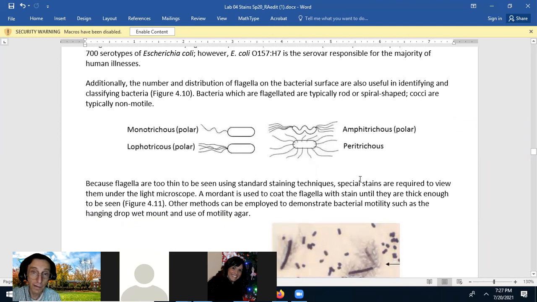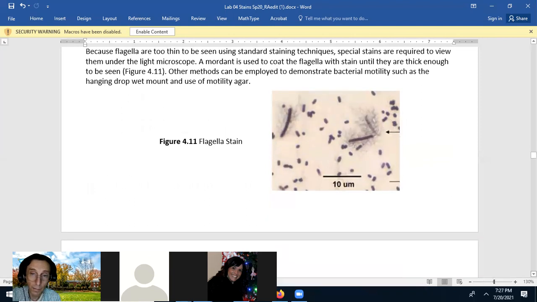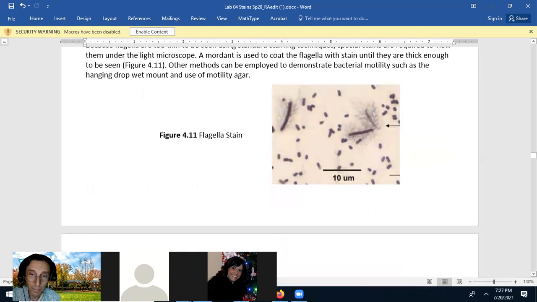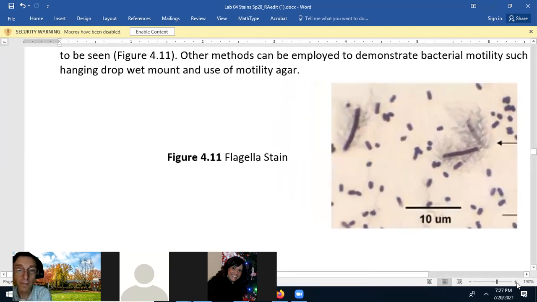You'll need to know this table here, or this figure here, to answer one of the questions, but this is not something I'm going to test you on, and that is the name of the arrangement of the flagella. Okay? And when you look at the flagella under the microscope, you can note here, let me blow that up, that some cells have different flagella arrangement.